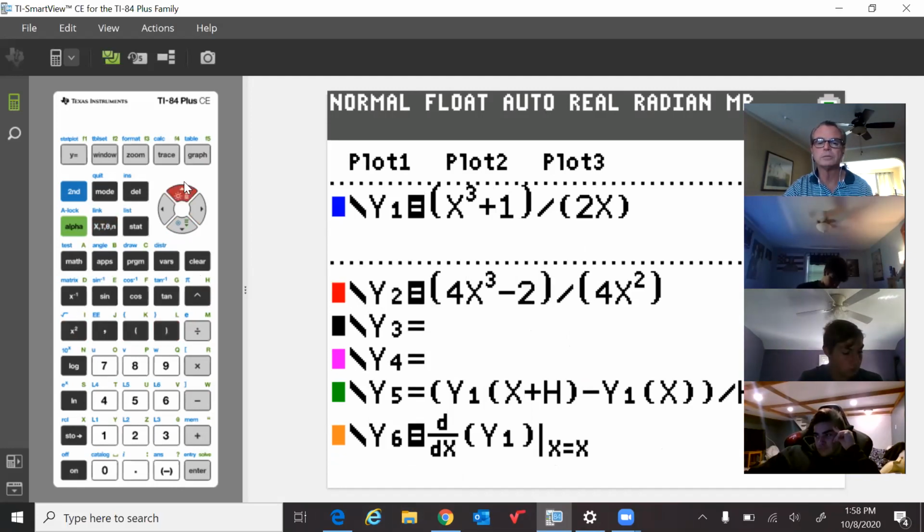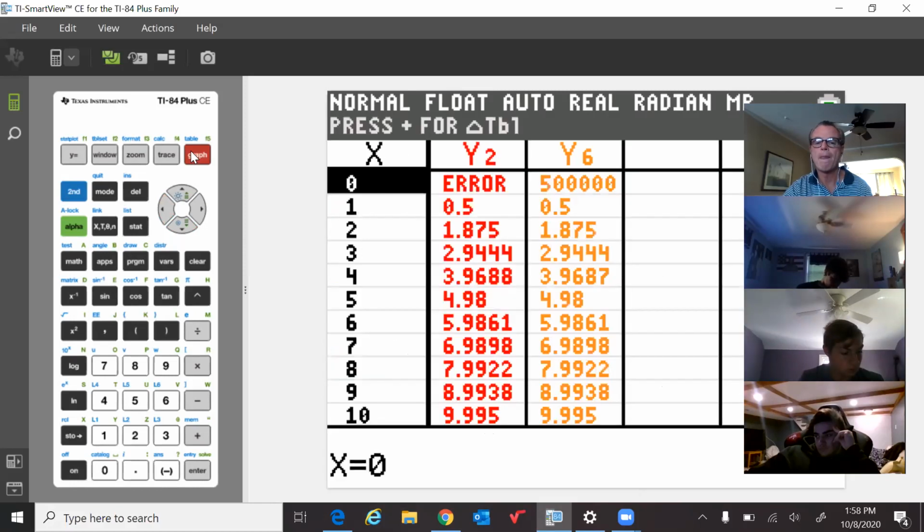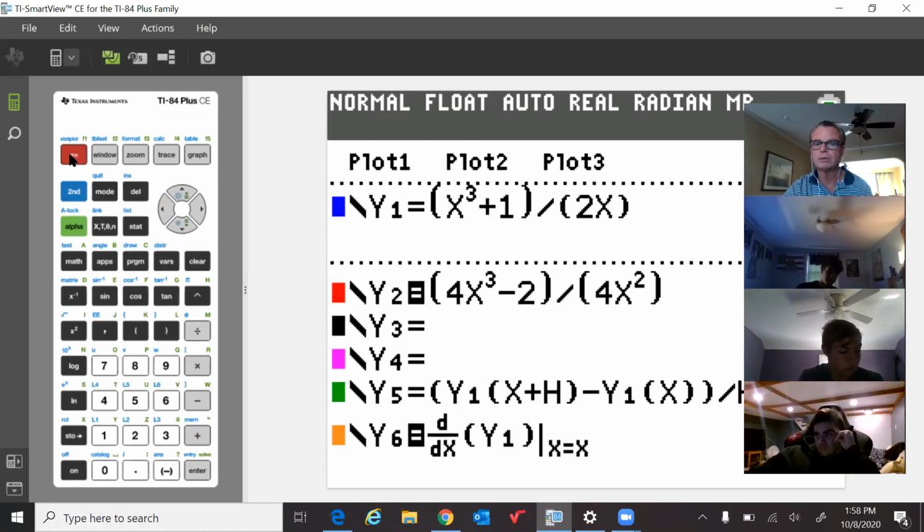Now, I don't care about the picture right now. I just want to see if the t-charts match up. They do, so the derivative is calculated correctly. So now I go back here. I don't need them both on.